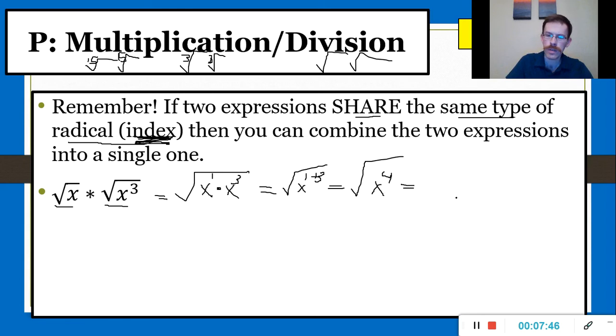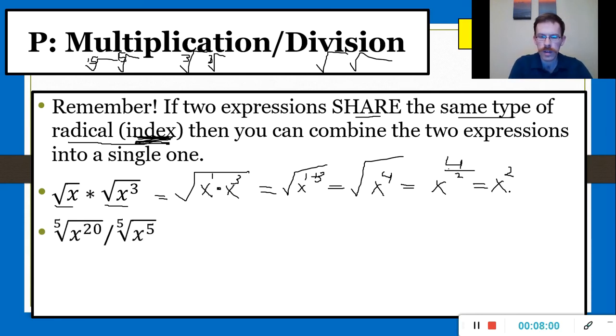Well, that's the square root of x to the 4th. Now what's the square root of x to the 4th? That's x squared.